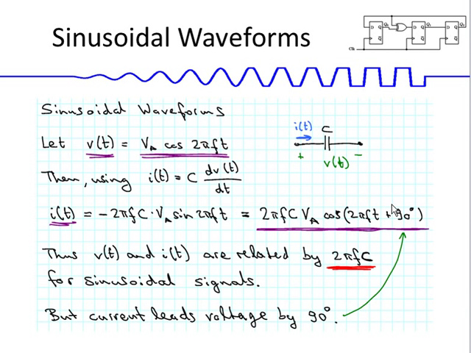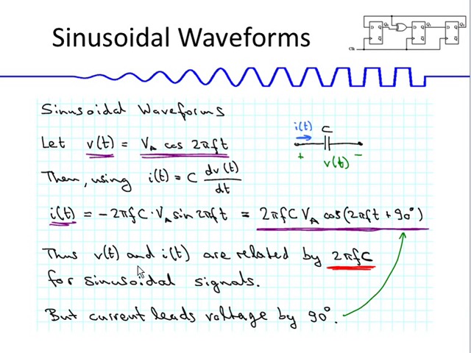You can check, making a little drawing, for example, that minus the sine of 2 pi ft is the same thing as the cosine of 2 pi ft plus 90 degrees, so that's basically advanced by 90 degrees.